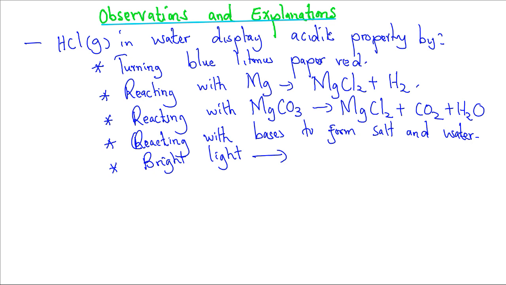The reason is that the hydrochloric acid formed is able to ionize fully to give hydrogen ions and chloride ions. Now, what happens there is that water is a polar solvent, and that polar solvent has negative and positive charges. So let's check on that.